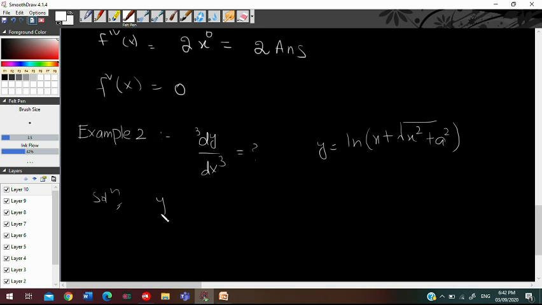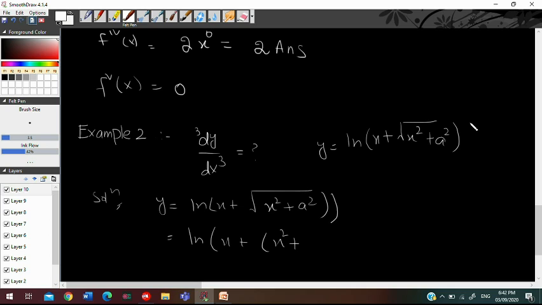y equals log of x plus under root x square plus a square. And I have told you that you can write it as (x plus (x square plus a square) power 1 by 2).